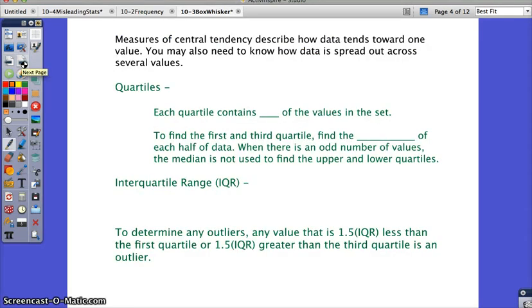All right, measures of central tendency describe how the data tends towards one value. You may also need to know how data is spread out across several values. And we can think about how our data is spread out by thinking about the quartiles. Quartiles divide a data set into 4 equal parts.